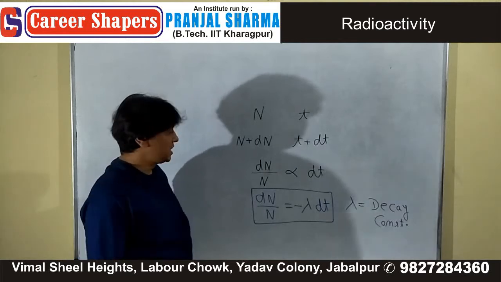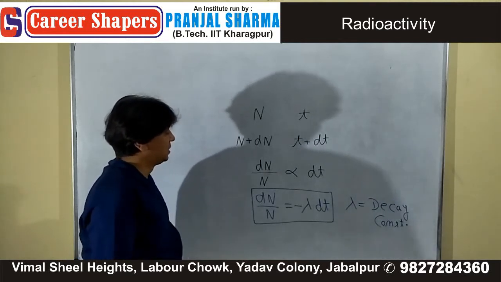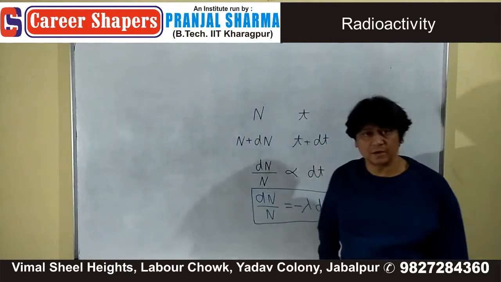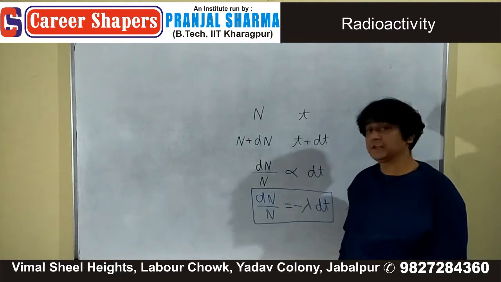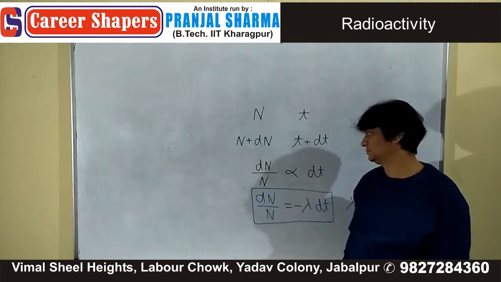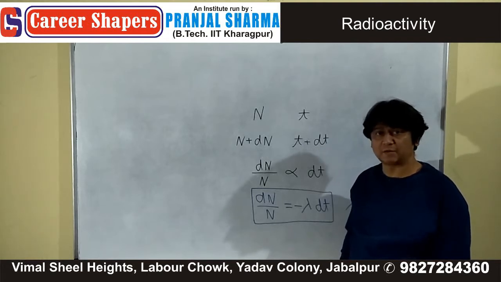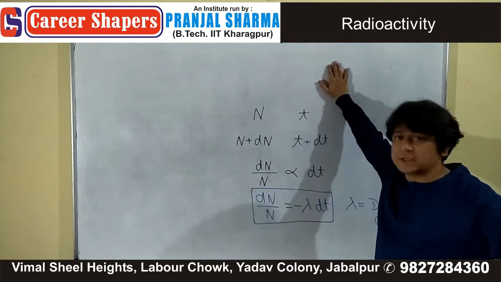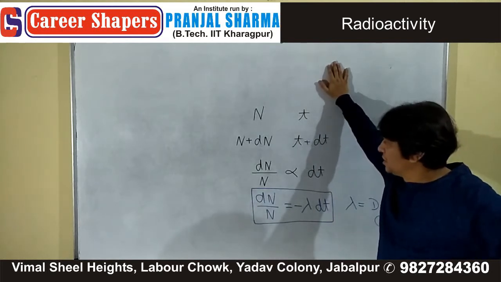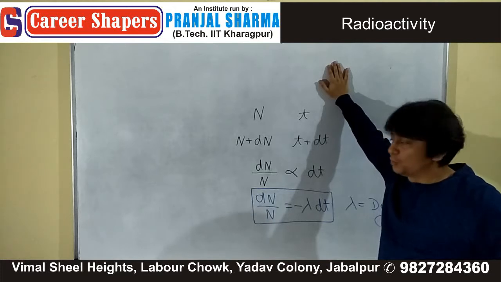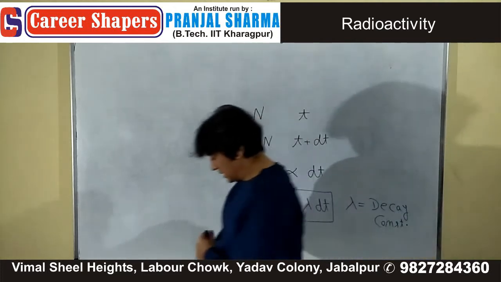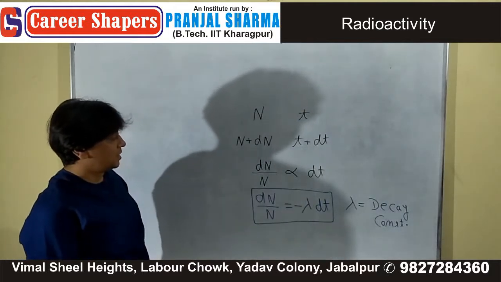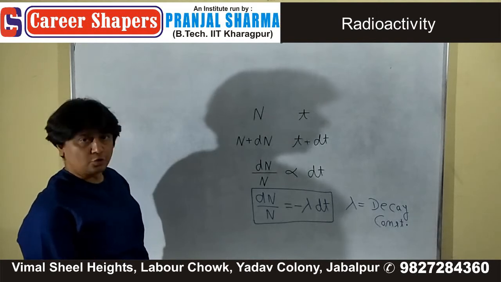In time interval dt, if dN nuclides disintegrate, then it is found that the probability of disintegration is proportional to the time in which disintegration took place.